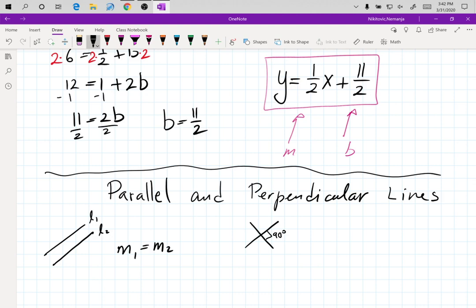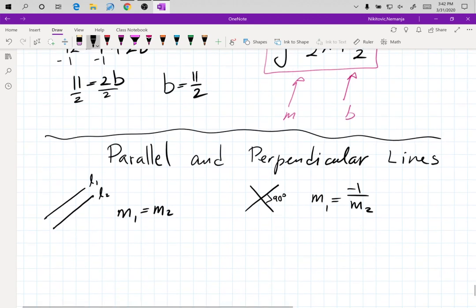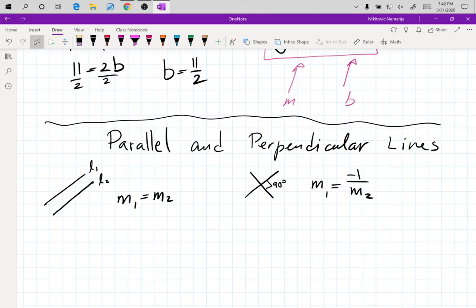So for perpendicular, the slopes are negative reciprocals. That means if you have slope 1 to be 1/2, then the slope 2 is -2.